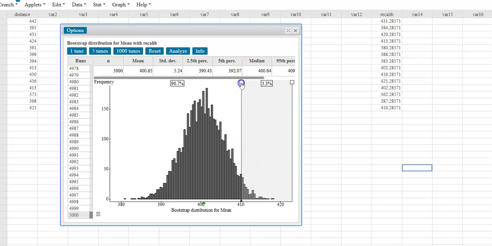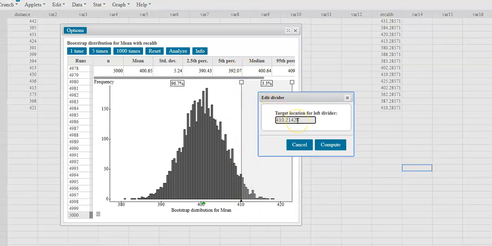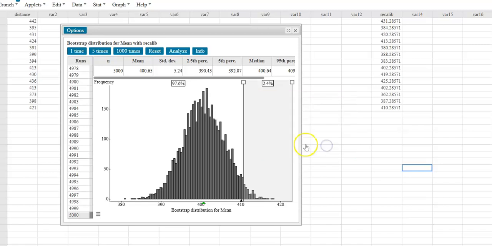If you double click on the divider, I can put in exactly 410.71429, and then hit OK or compute. Your other divider is going off to infinity for your tail. So if you look, the percent up here is 2.4%, so that would be 0.024, which would be your p-value, which is less than 0.05.